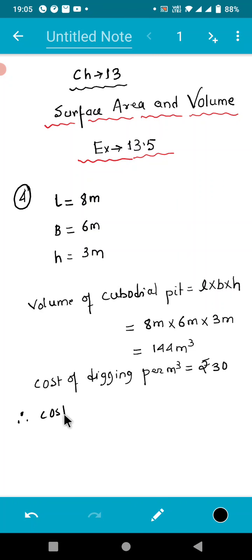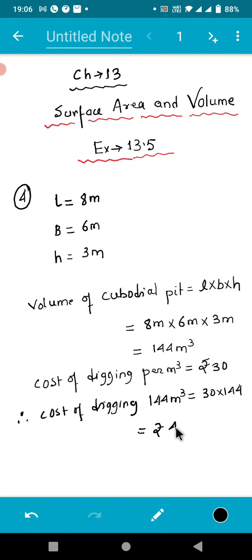So cost of digging 144 meter cube is equals to 30 into 144, and if you multiply this you will get the answer as 4320. Okay, so this is the required solution of question number 4, students.